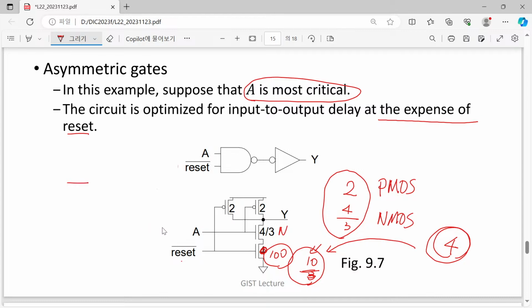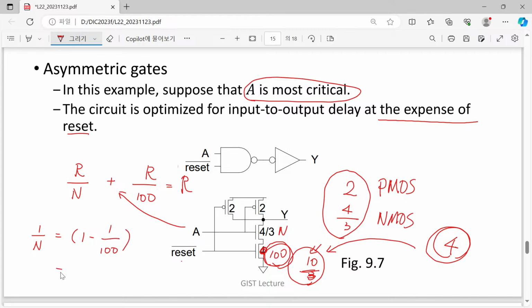The equivalent resistance from this A transistor will be R over n, and the equivalent resistance from this 100 times wider one will be just R over 100, and we want to have this R. So we have 1 over n equal to 1 minus 1/100.